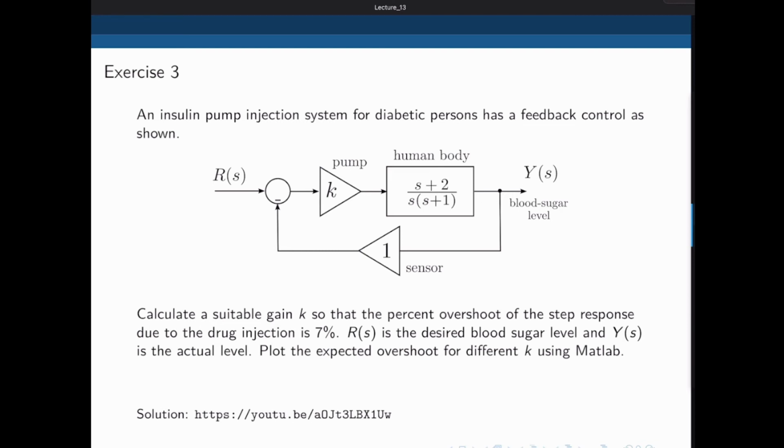So we want, let's say, 1% blood sugar level, and we don't want the output to go beyond 7%. So how can we calculate this value of K that makes the system react fast enough while not exceeding 7% of the final value?